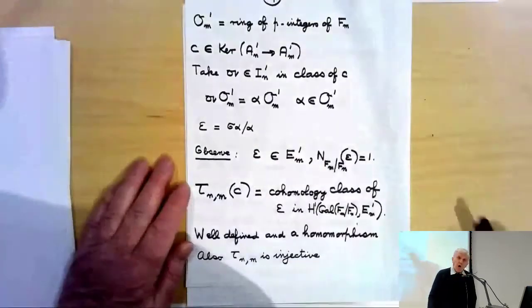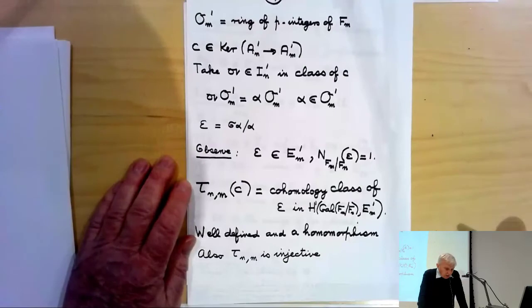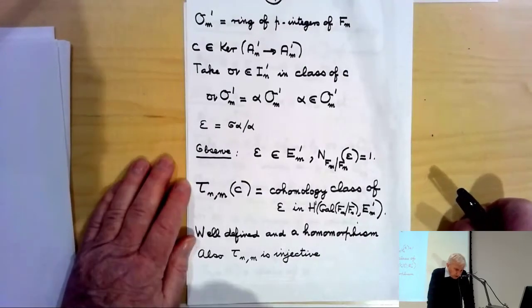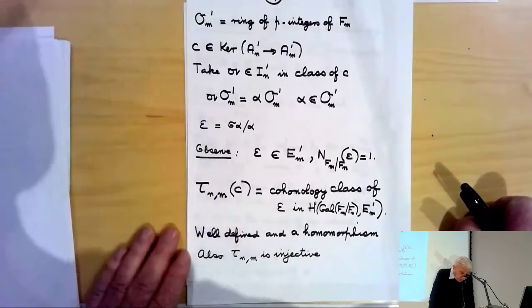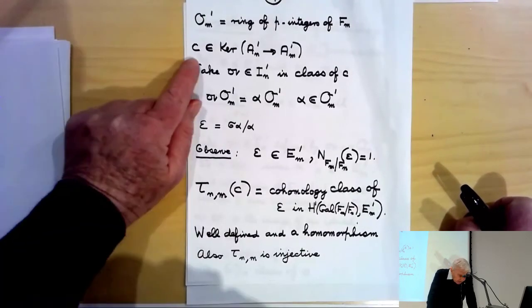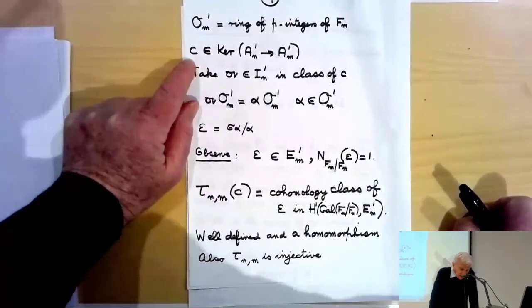And I'll write OM prime for the ring of p integers of the field Fm. When I put a prime on something, it means I've localized all the primes above p as usual. And so now I take a C in this kernel of A n prime to A m prime.